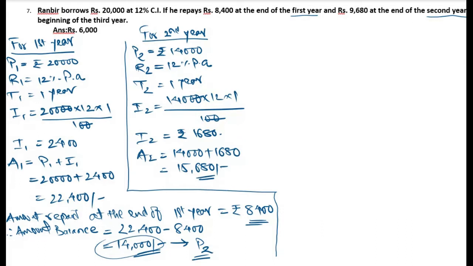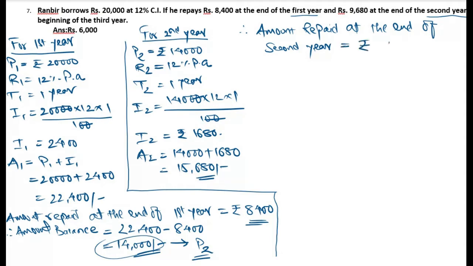Now I will write over here, amount repaid at the end of second year is equal to rupees 9,680.